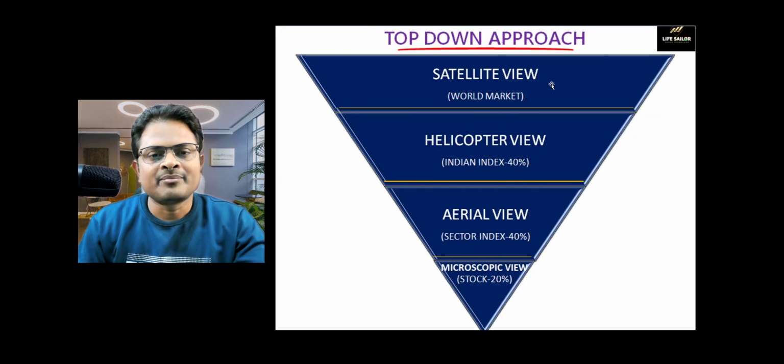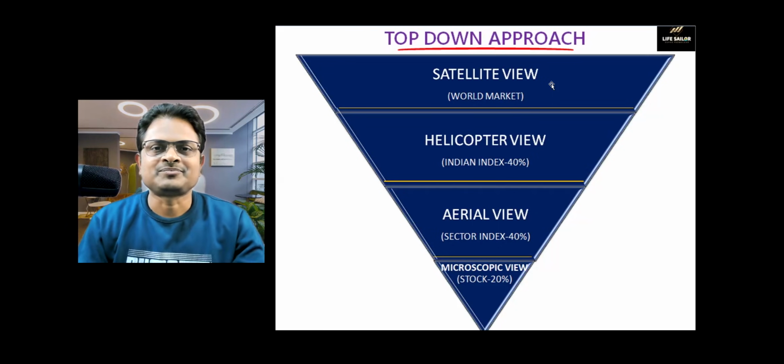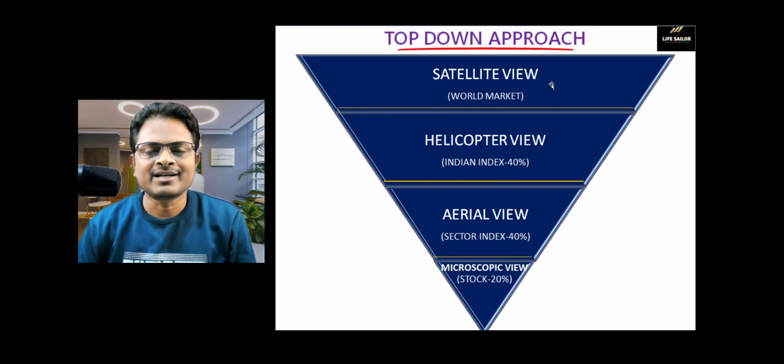From the figure itself, if you notice, the Indian major indices carry almost around 40% weightage. Second, the aerial view, that means sectoral indices, carries another 40% weightage. And so individual stock picking is just 20%. So if you look at this figure, you will understand stock picking has less weightage.